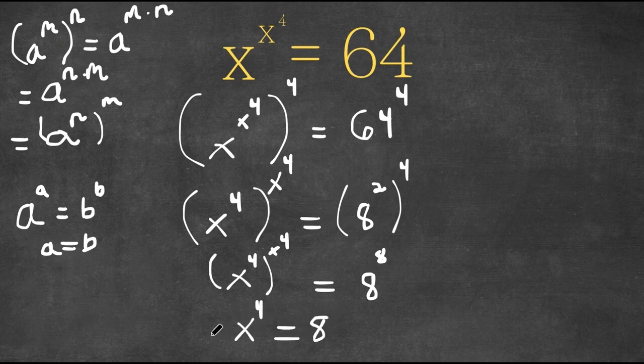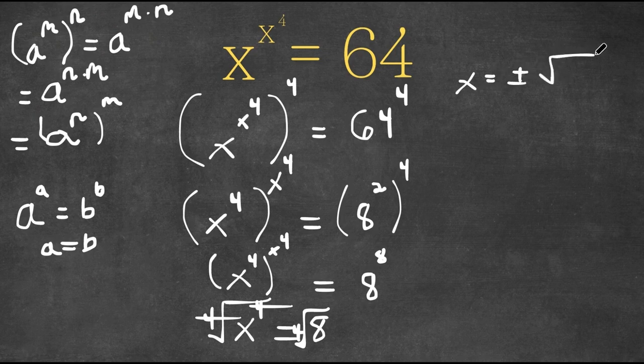So now to cancel this power out, I'm actually going to take the root of 4 on both sides. So now these two cancel out, and I'm left with x is equal to positive or negative, root 4 of 8.